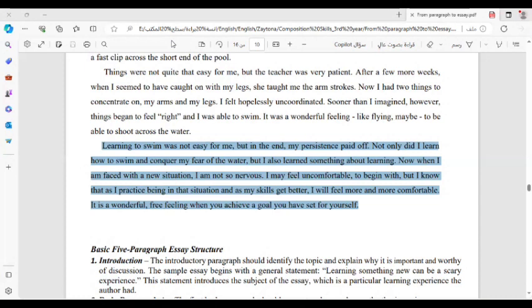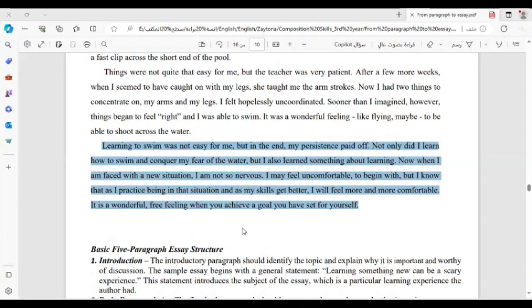I may feel uncomfortable being wet, but I know that as I practice being in that situation and as my skills get better, I will feel more and more comfortable. It is a wonderful, free feeling when you achieve a goal you have set for yourself.